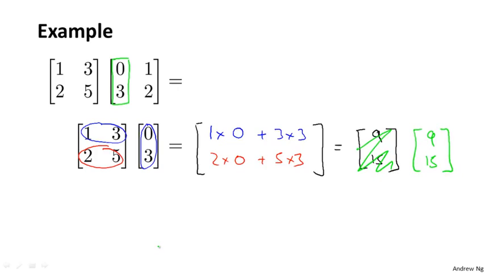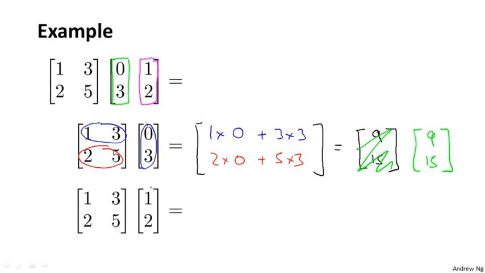And then next, I'm going to pull out the second column of this and do the corresponding calculation. So that's this matrix times this vector 1 2. Let's also do this quickly. So that's 1 times 1 plus 3 times 2. So just that was that row.